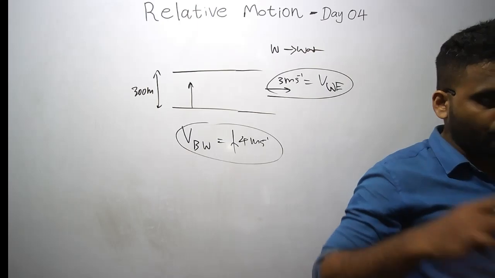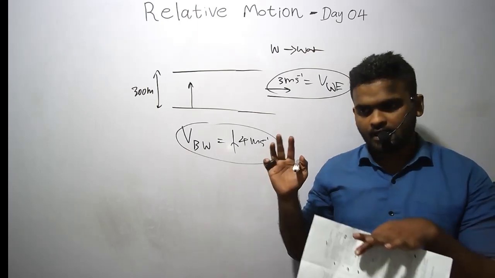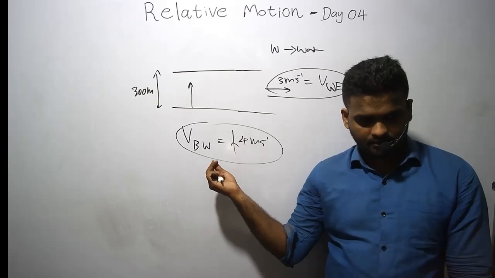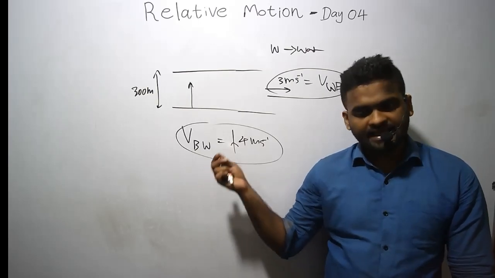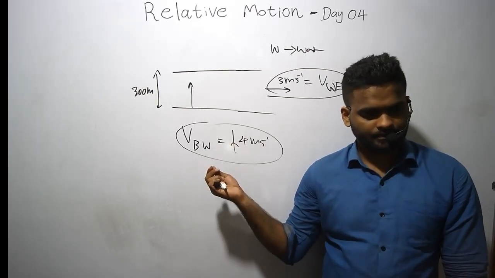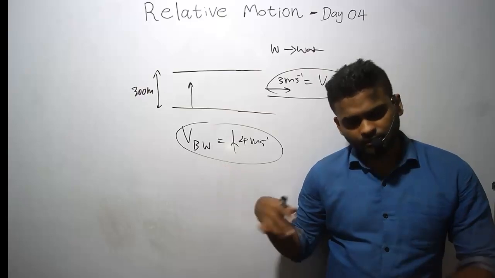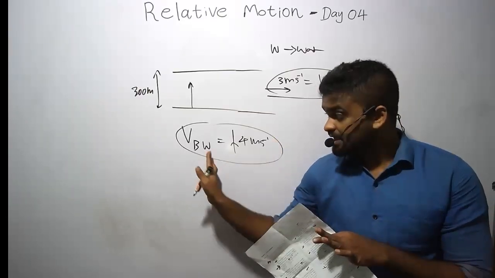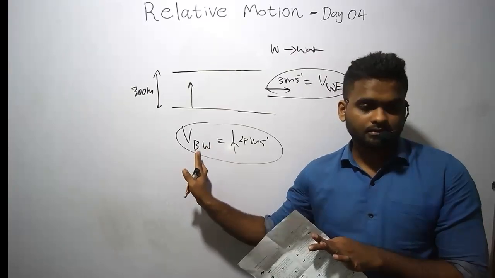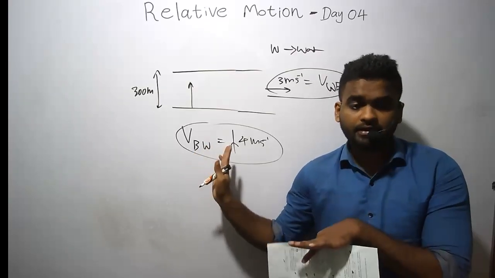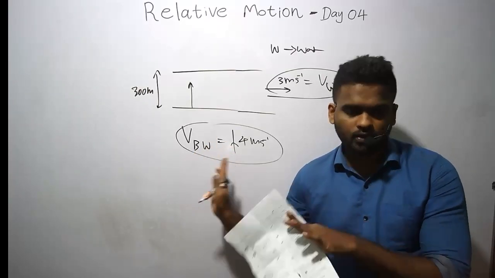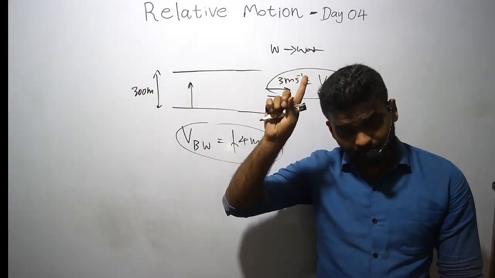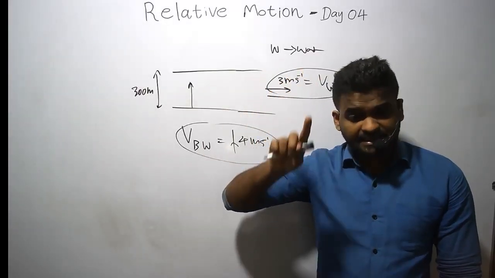Whenever they say speed of the boat in static water or still water, you can directly use that, right? That speed is relative to water, not relative to earth. It is the same as before. For the previous case, they said still air.